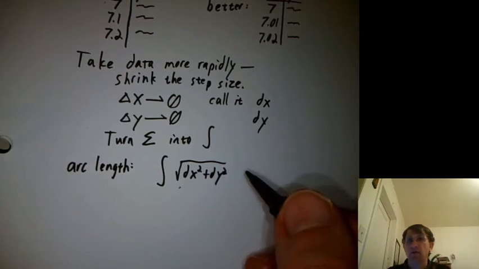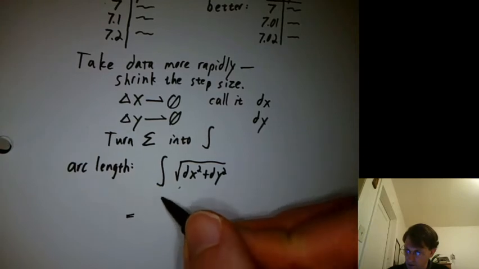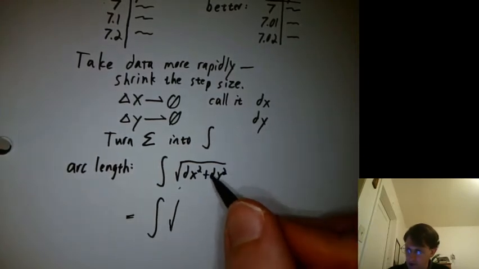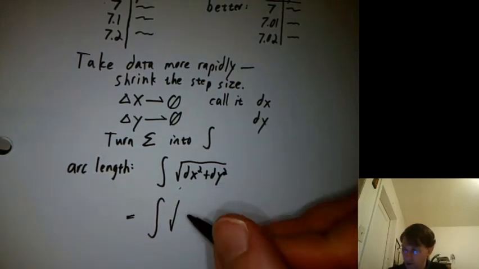So let's work on transforming it into that. What I could do, and this might seem a little silly, I want to get a dx way at the back here, so let me factor a dx out.